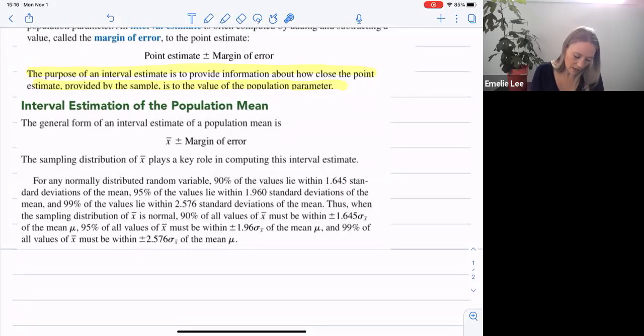And so you can think about the 68, 95, 99.7 rule, for example, just as a quick refresher, right? 68% of the curve is captured within one standard deviation of the mean for a normal distribution.